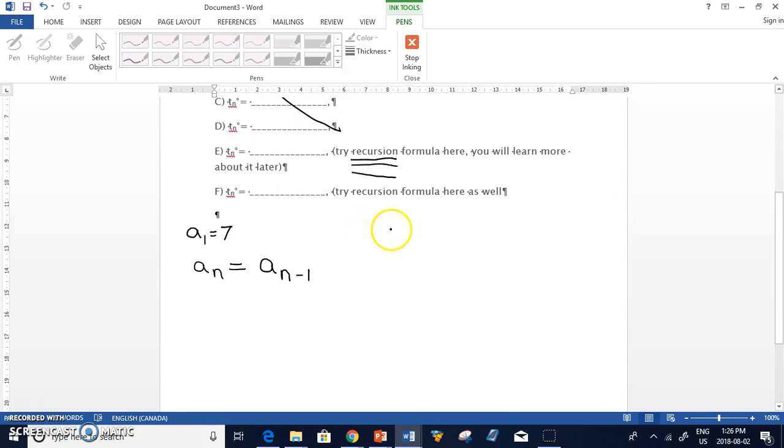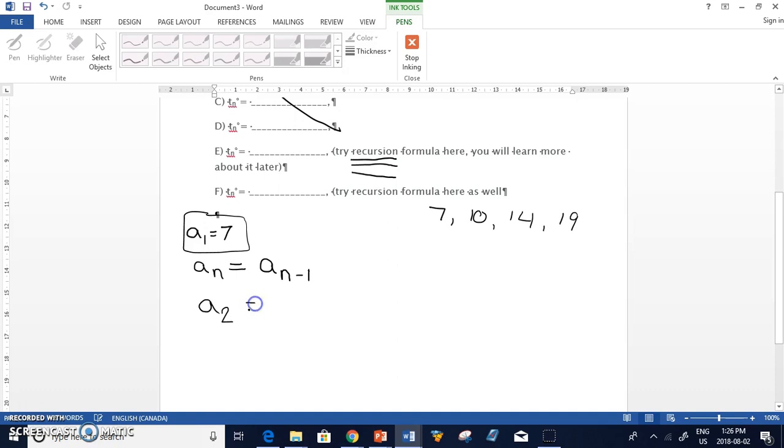If I think about the sequence I was given, so 7, 10, 14, and 19, those were the first 4 terms. If I know A1, okay, let's pretend for a minute we don't have all of the terms, but we want to figure out A2.